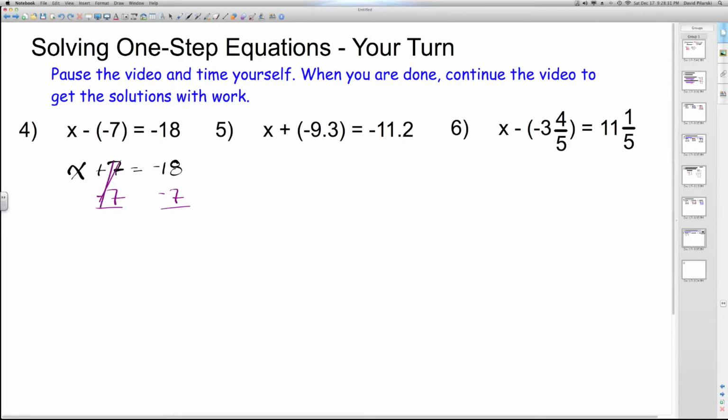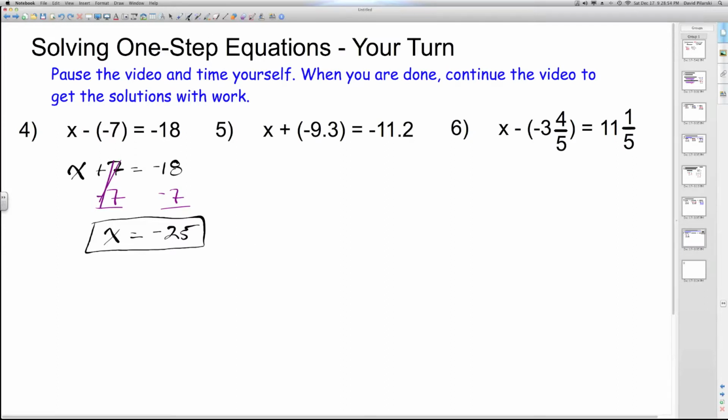We subtract it from both sides. Plus 7 minus 7 cancels out, isolating the variable x on the left-hand side. On the right, we have negative 18, take away negative 7, and that gives you a negative 25. That's the 4th problem you did in this video. Hopefully you're 4 for 4 at this point.